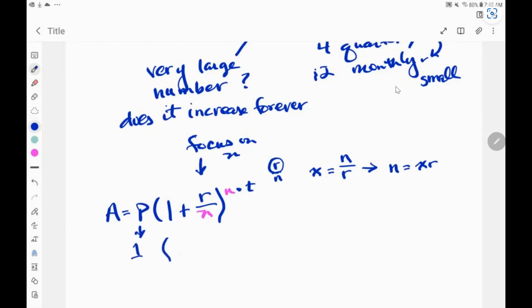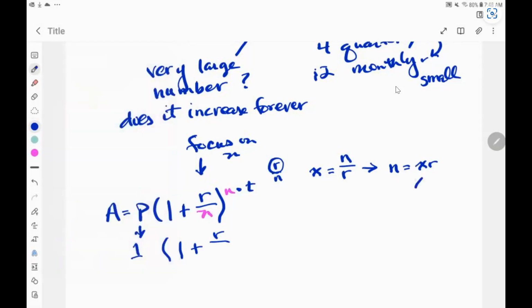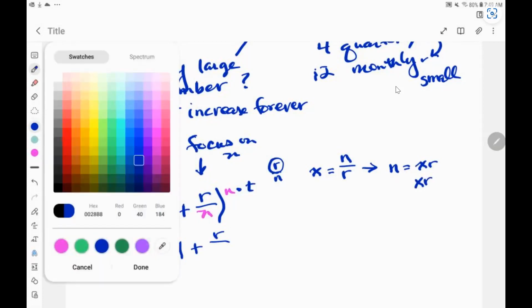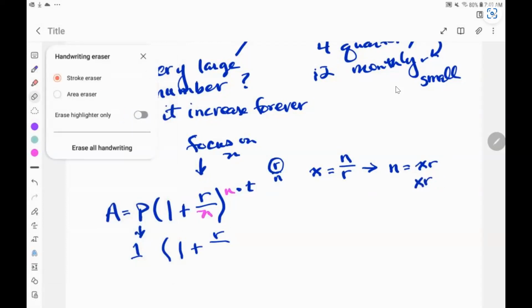And so then we have 1 plus r, and I'm going to take this purple xr and put it wherever I have an n.